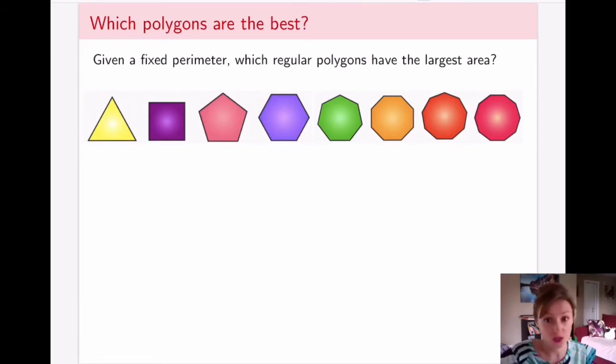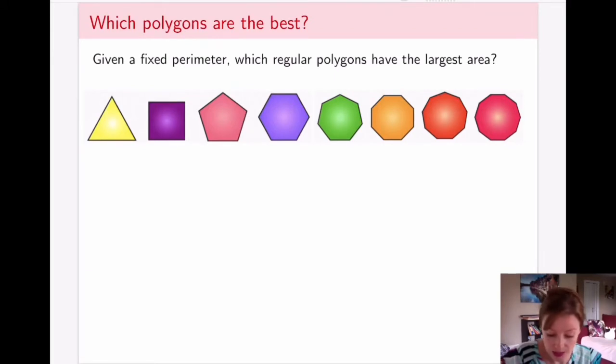So circles are great for a number of reasons, but they're terrible for one particular reason. What if I don't want to just build one pasture to enclose my animals in? What if I want to build a few? Circles, while they are the most efficient in terms of area for the perimeter, are terrible at packing, right?